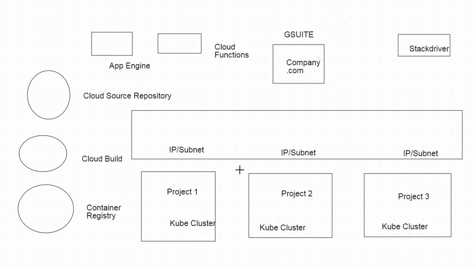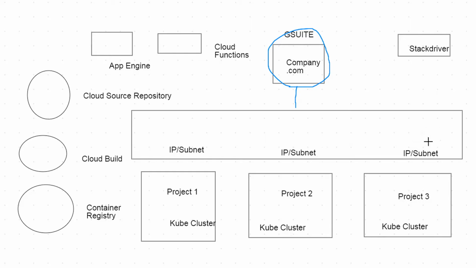So for example, if I have a G Suite domain, and let's say it's company.com, make it simple, and we're already using G Suite and we have our Gmail used by the company and we have Google Drive and we're just using G Suite in general. We can extend that out to Google Cloud.